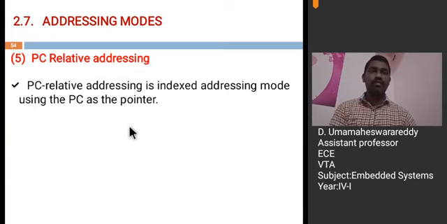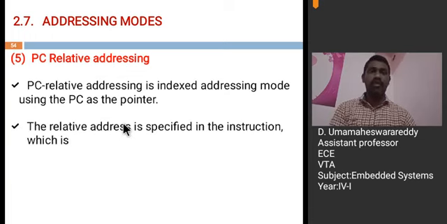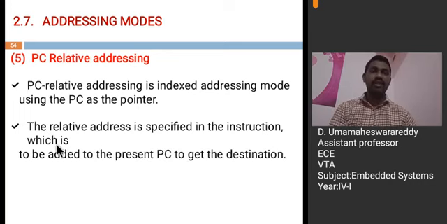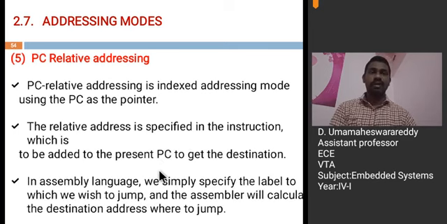PC as a pointer. PC means program counter as a pointer. Here the relative address is specified in the instruction, which is to be added to the present PC to get the destination. You should add it with the program counter address. Where it will be used means it will be used in assembly language programming. We simply specify the label to which we wish to jump.